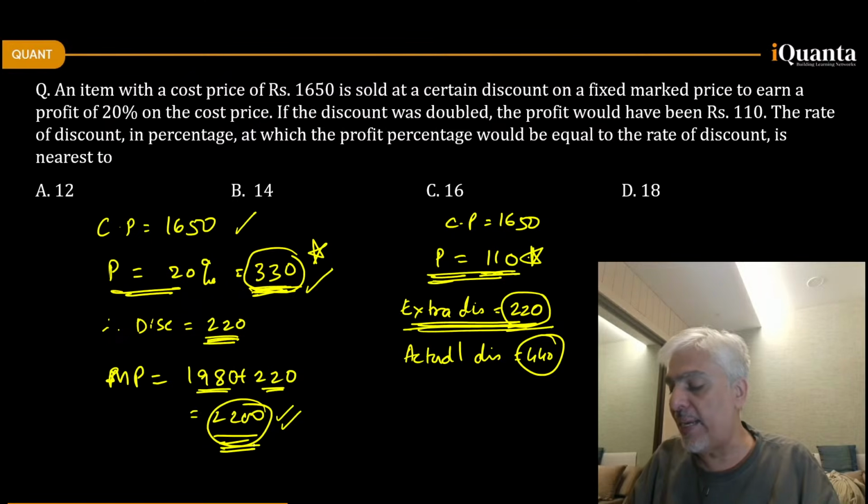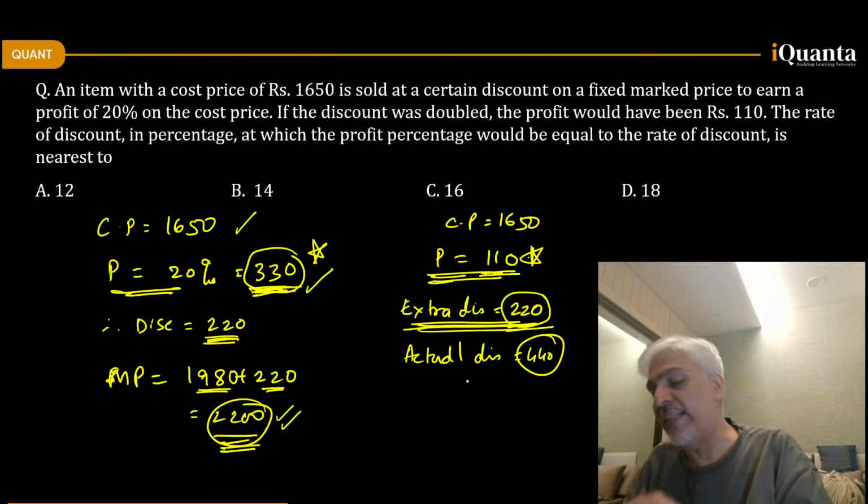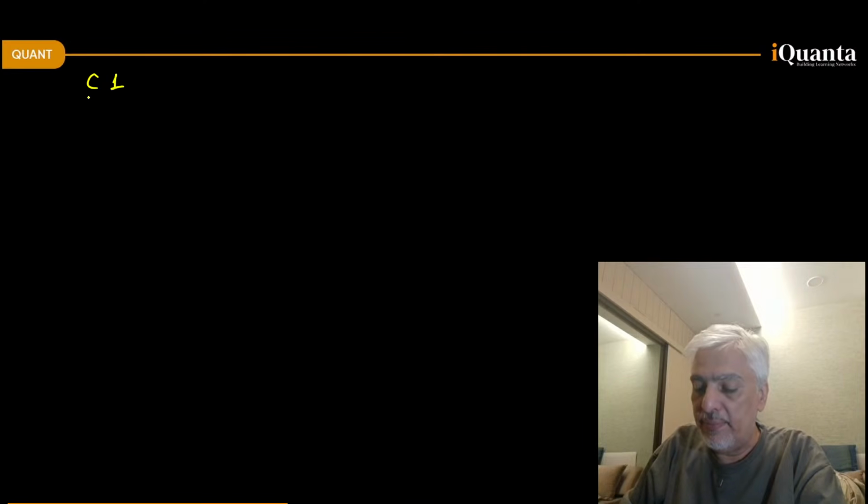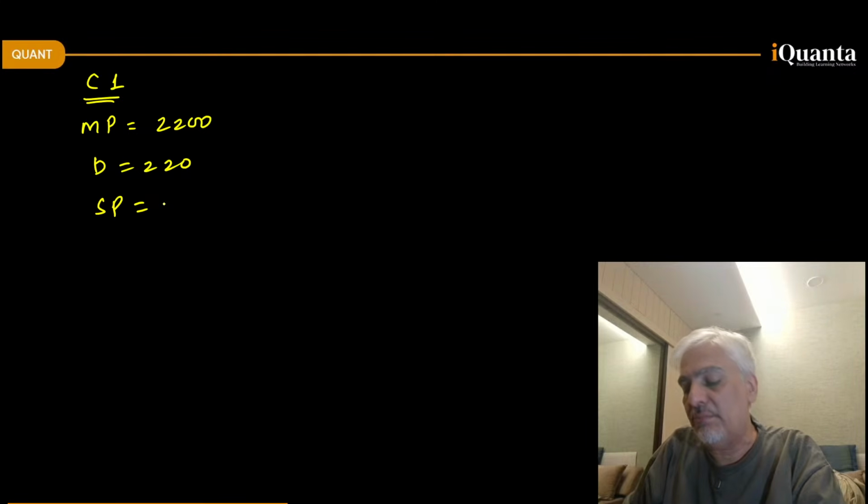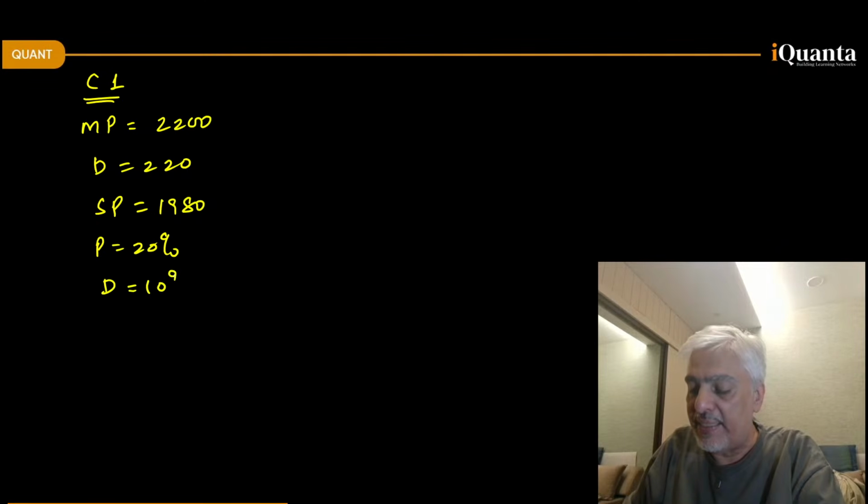So I got mark price, selling price, cost price. So वापस पूरा लिख रहा हूं मैं. Case 1: mark price 2200, discount 220, selling price कितना था, 1980, profit 20% and discount 10%, because 220 is 10%.